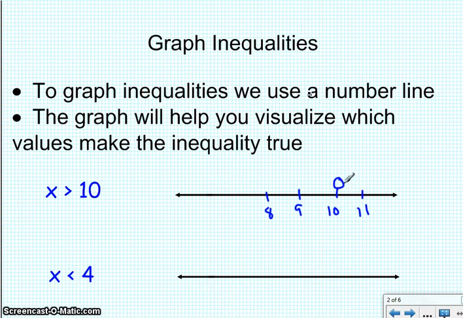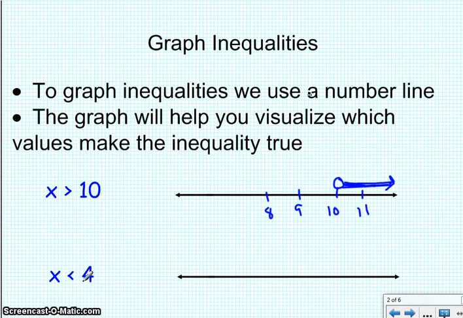But anything bigger than 10 will make this true. So the arrow kind of represents my x. Even 10.1 will make it true. So that is how we graph x is greater than 10.